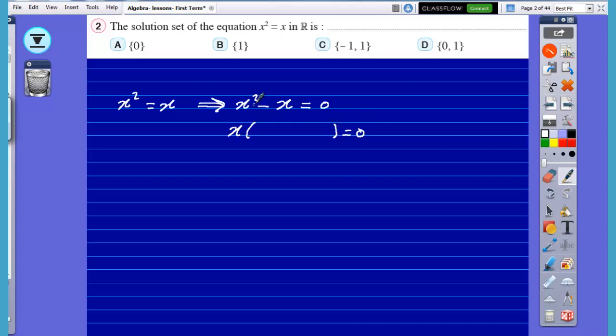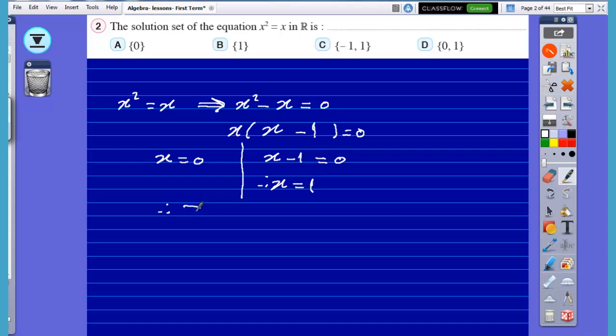We divide x squared by x equals x, negative x divided by x equals negative 1, and from this we have x equals 0 or x minus 1 also equals 0, so x equals 1.